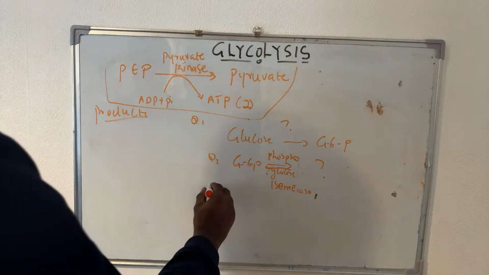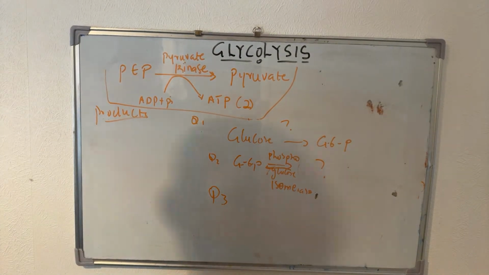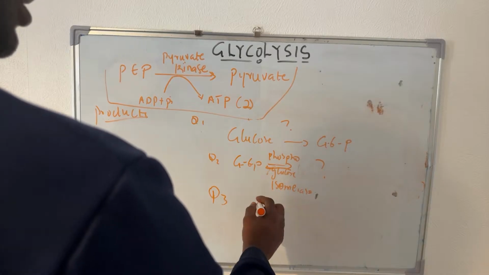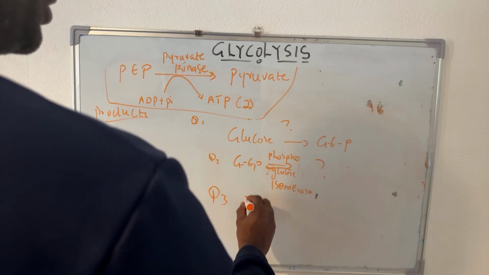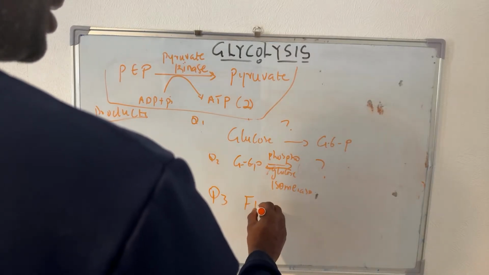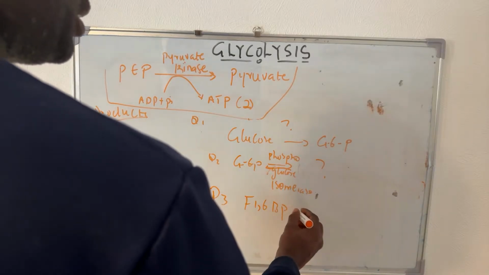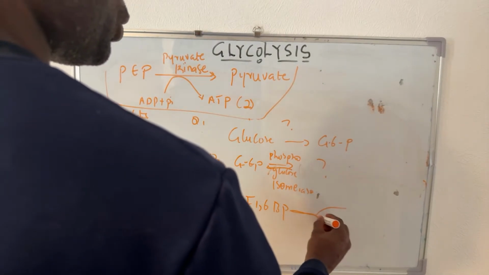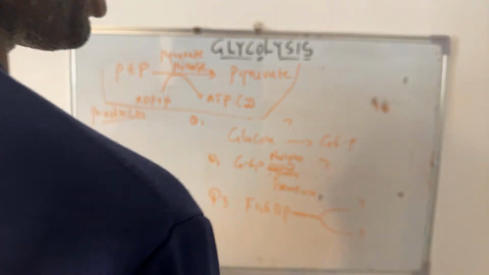Question 3: fructose 1,6-bisphosphate is cleaved into two different metabolites.